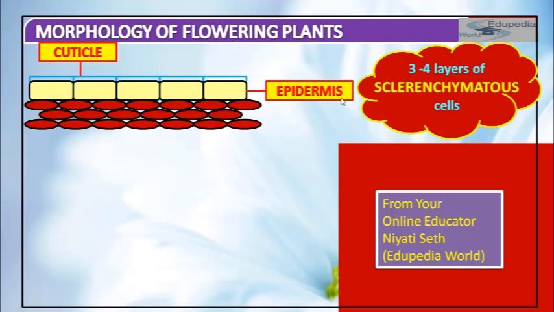It is represented by a few layers of compactly arranged sclerenchyma cells, though some intercellular spaces are present. They are made up of sclerenchymatous cells which are dead in nature, and it consists of 3 to 4 layers of sclerenchyma cells, students. So this is your hypodermis.